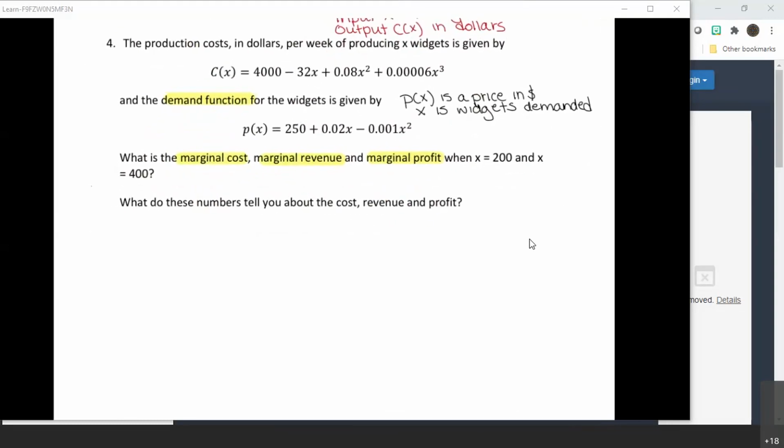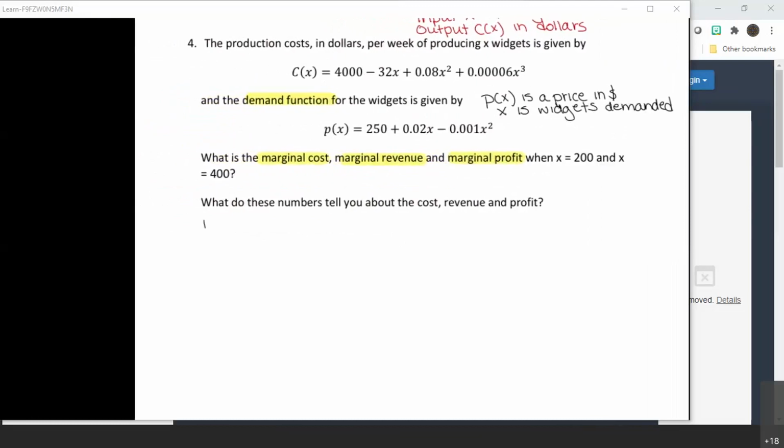Somebody tell me in words what revenue is. I want to make sure we're all on the same page, working with the same definitions. Tell me in English, what's revenue?